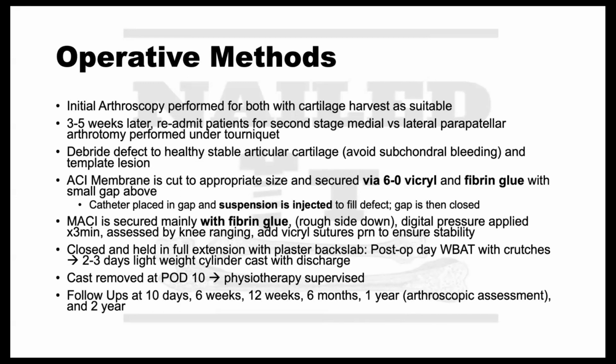Whereas with the MACI, you just use the fibrin glue and you place the chondrocyte seeded bilayer down. Otherwise, their post-op was all the same. They put them in full extension with a plaster back slab and had them weight bearing afterwards with crutches. They had all their follow-ups and they did a 1-year arthroscopic assessment, like we talked about in Tucker's paper as well.